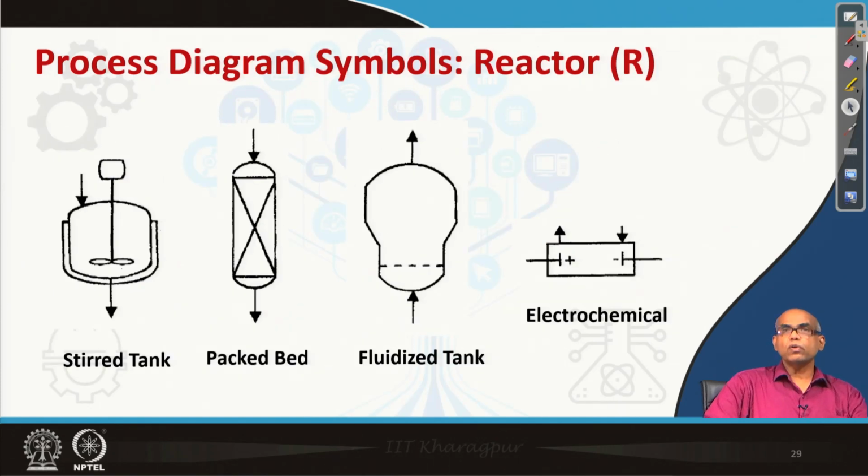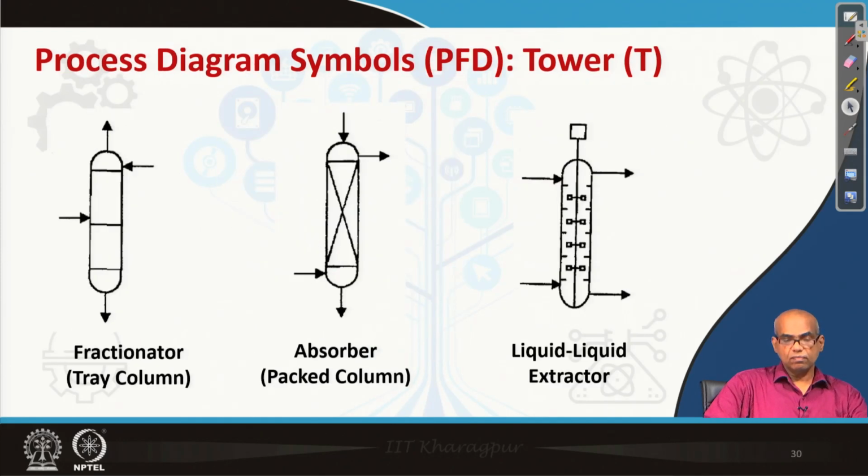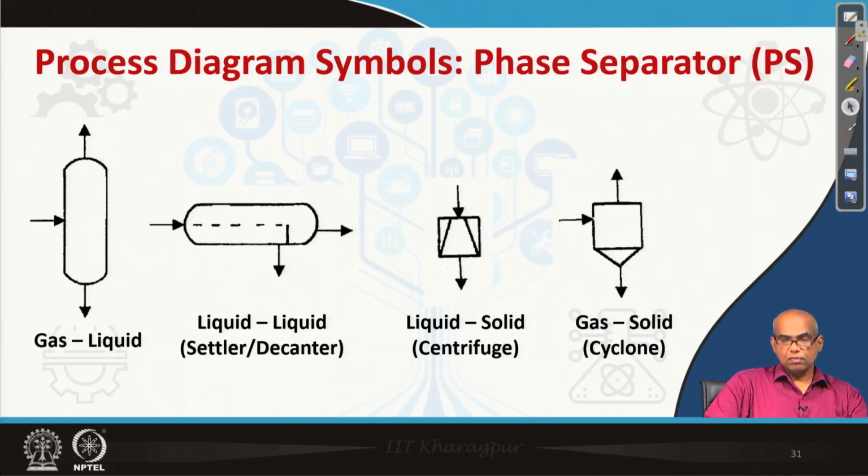So, here are various symbols for reactors: stirred tank, packed bed, fluidized bed, electrochemical reactor. Several towers: fractionator, absorber, liquid extractor. Several phase separators: gas liquid, liquid liquid, liquid solid, gas solid.